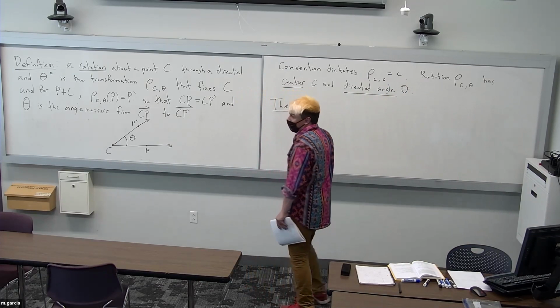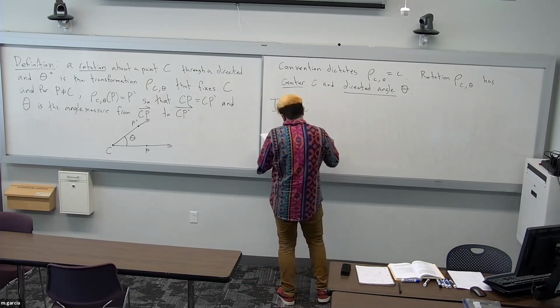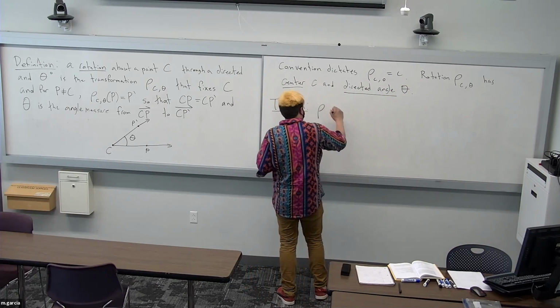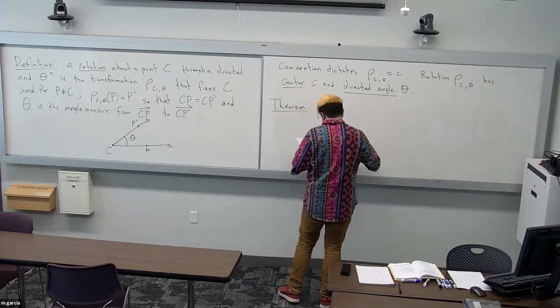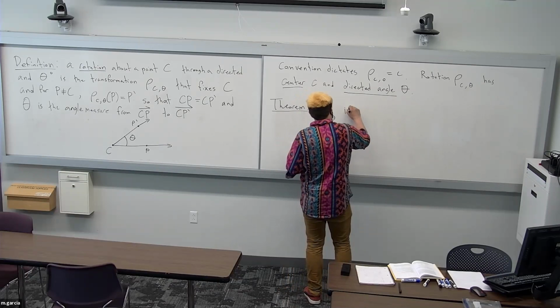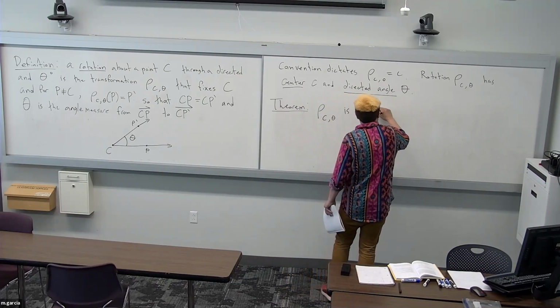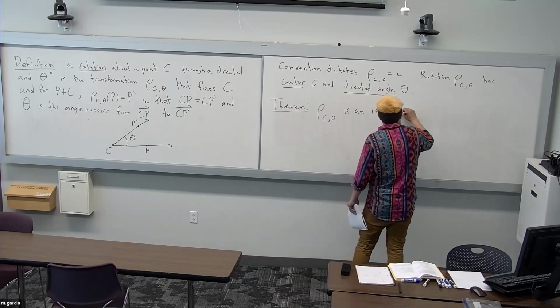Here's an unsurprising theorem. Rho sub c comma theta is an isometry.